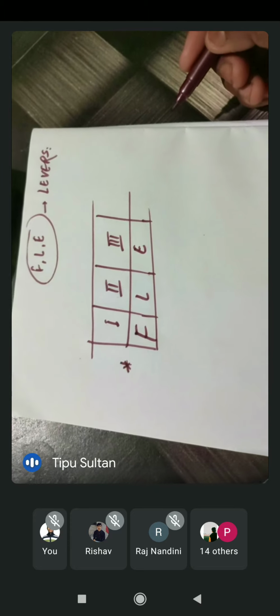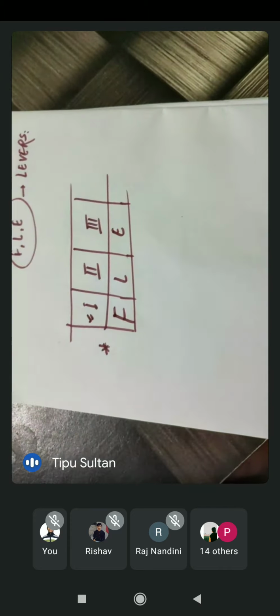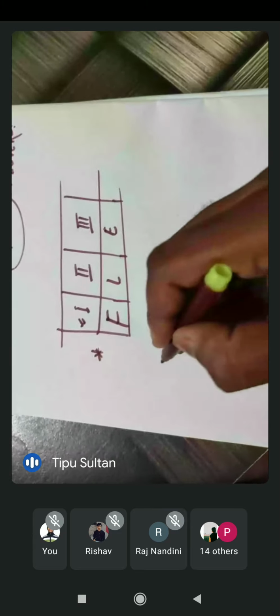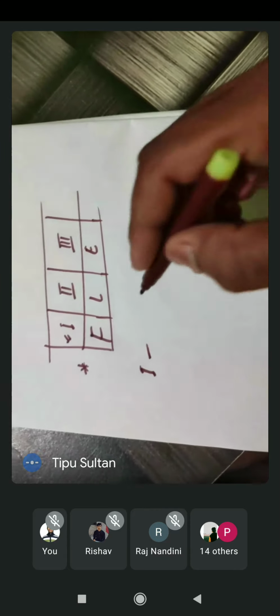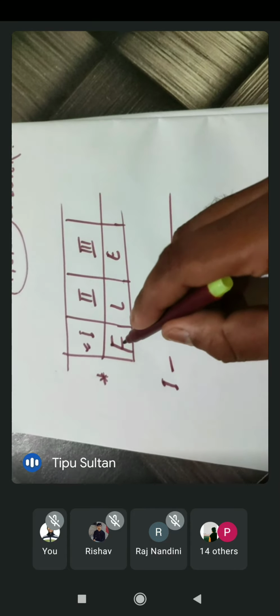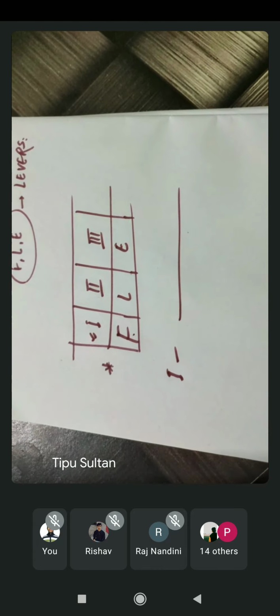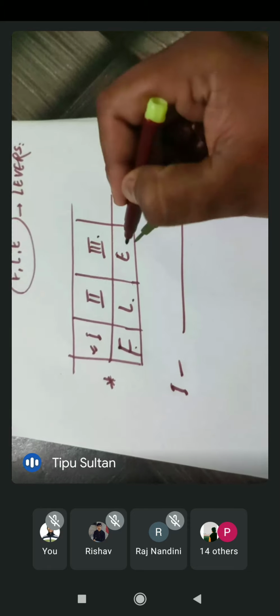If I draw the class 1 type of lever, F is written, it means F is in the middle. In class 2, load is in the middle. In class 3, effort is in the middle.